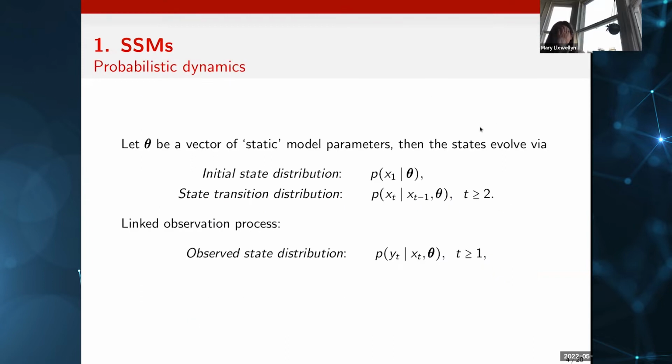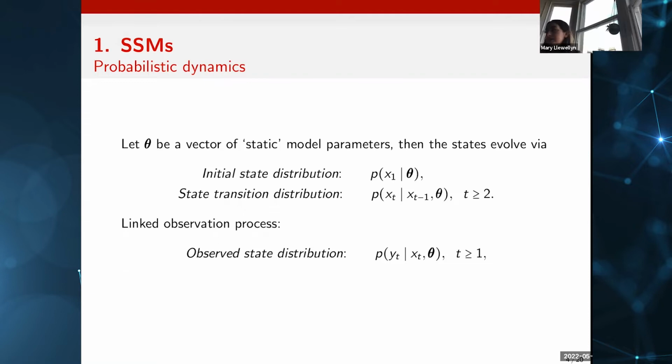So mathematically, if we let this boldface theta be a vector of static parameters, i.e. the other parameters that don't evolve with time, then the probabilistic dynamics of the state-space model are described by this initial state distribution. That could quantify our modeling belief about the initial state.